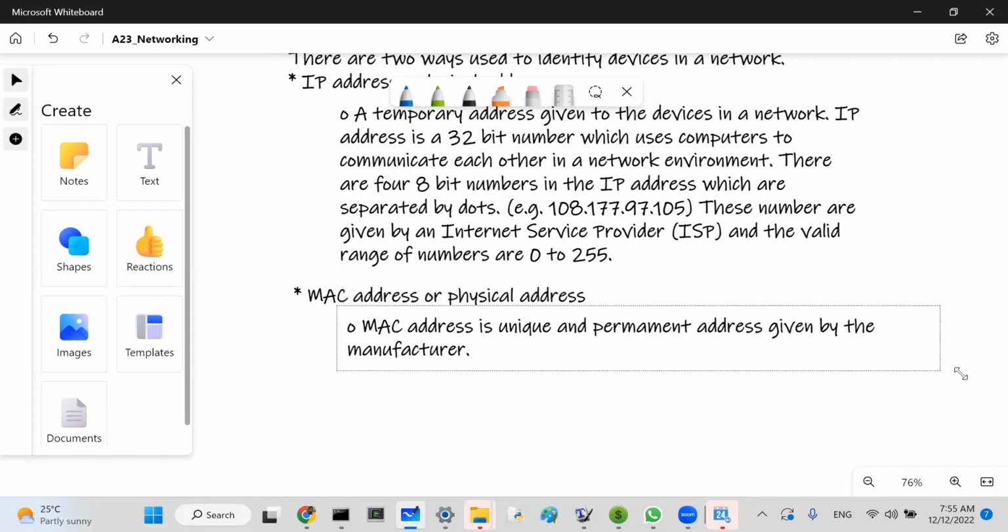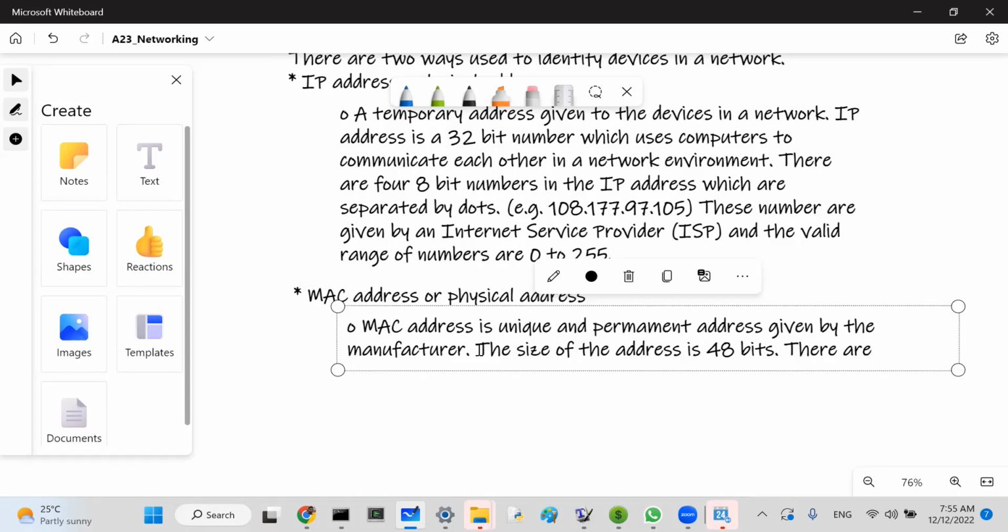This is given by the manufacturer, right? And the size of the address is 48 bits. So when I say 48 bits, there are 6 times 8-bit blocks.